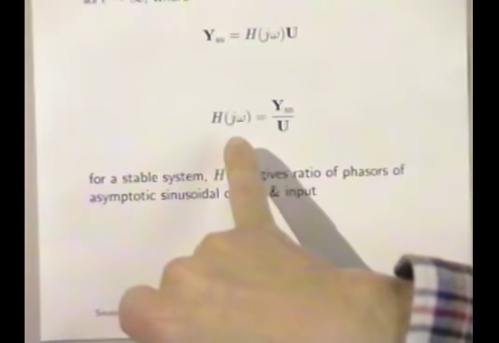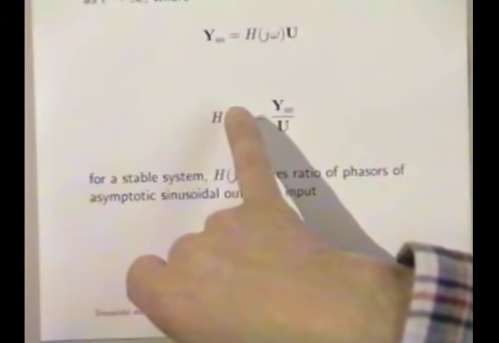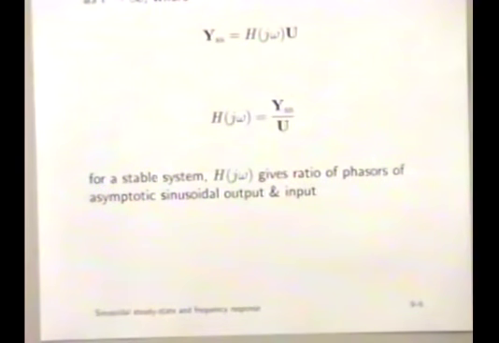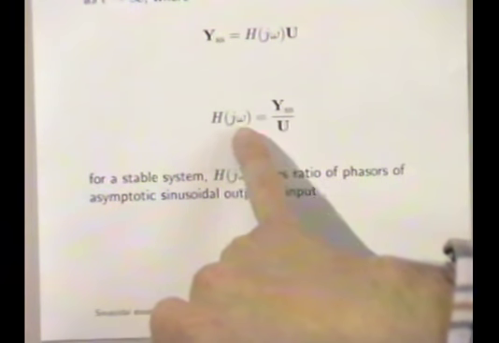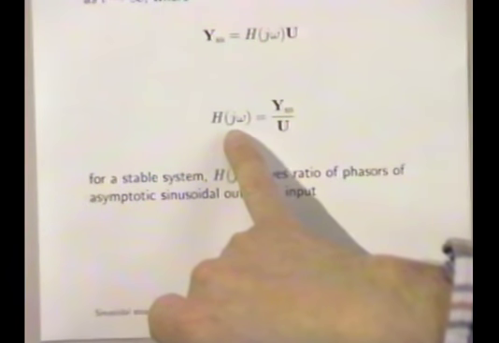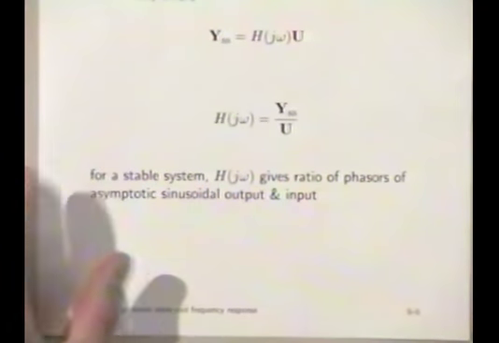If this number, magnitude H of j omega, for example, is approximately 1 for all frequencies, it says that whenever you put in a sinusoid, what comes out is a sinusoid of about the same amplitude. The phase can do all sorts of things, and that would be the case if the phase angle of this varies. That's what that would tell you. So this gives you another rough idea of how these things work.